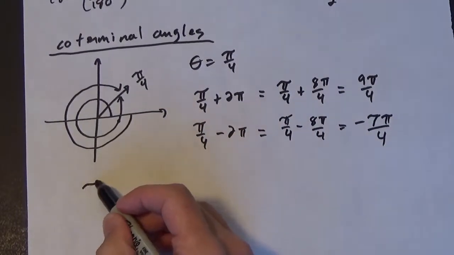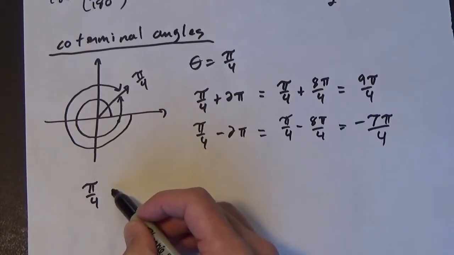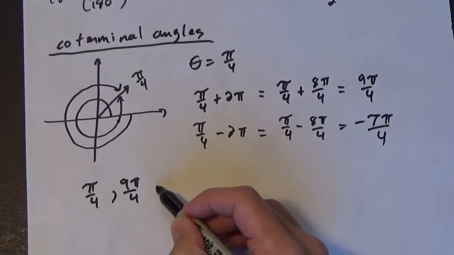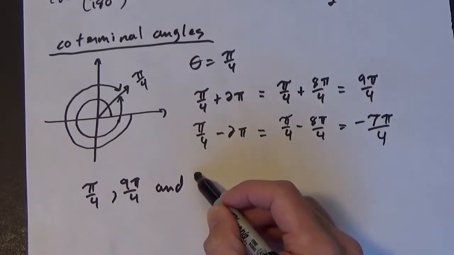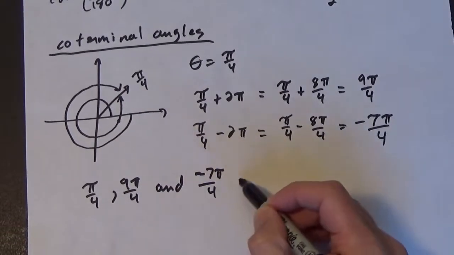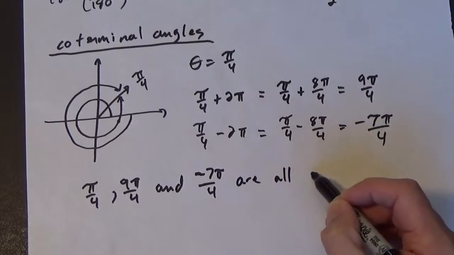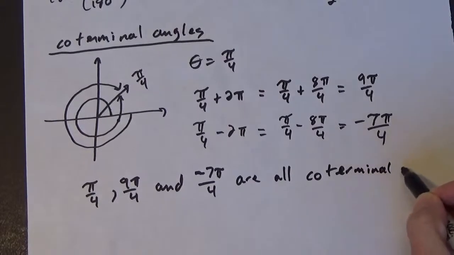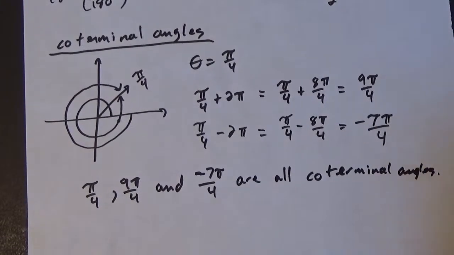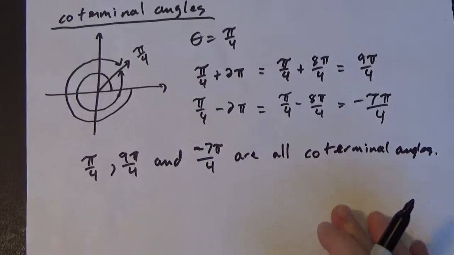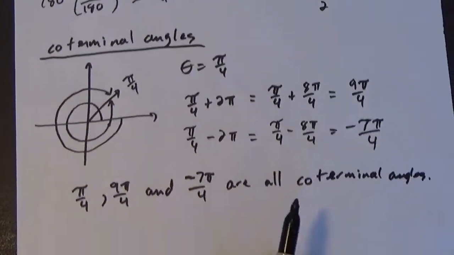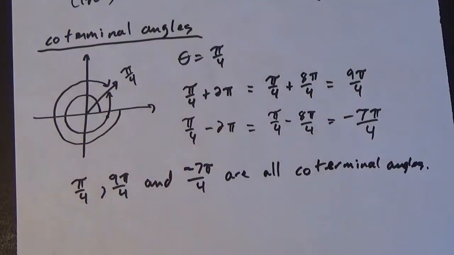So we can say that pi over 4, 9 pi over 4, and negative 7 pi over 4 are all coterminal angles. Good. All right, now if the question asks find two coterminal angles, one positive, one negative, of pi over 4, then there you go. There's the positive and the negative.